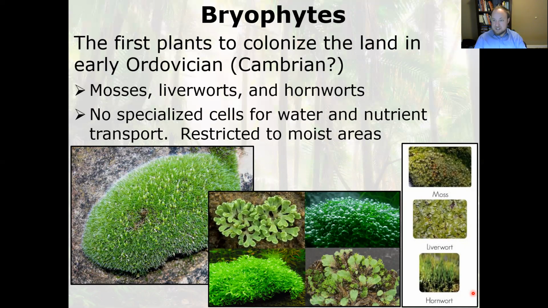So at this point in time, the plant biosphere on land is two-dimensional. Nothing's really reaching up into the sky. It's a two-dimensional flat surface, and when that flat surface is colonized, it's full. There's nothing else you can really do.